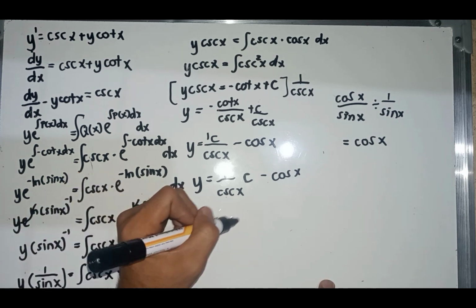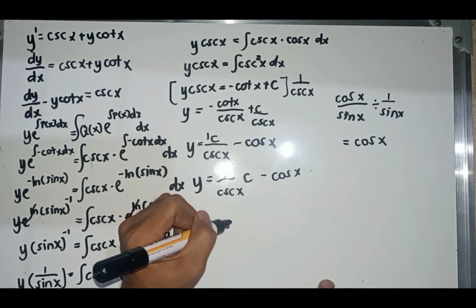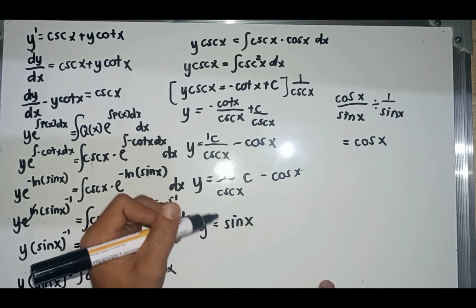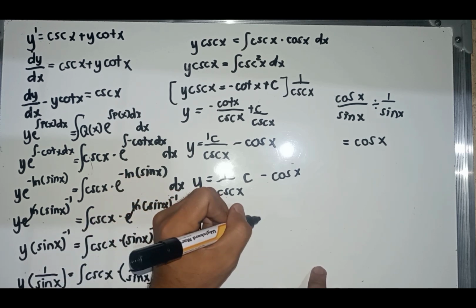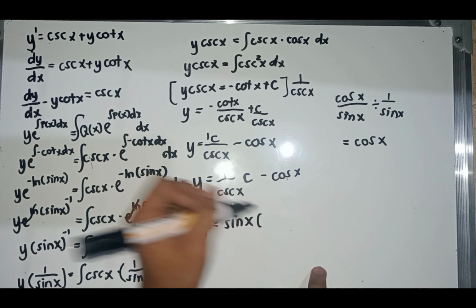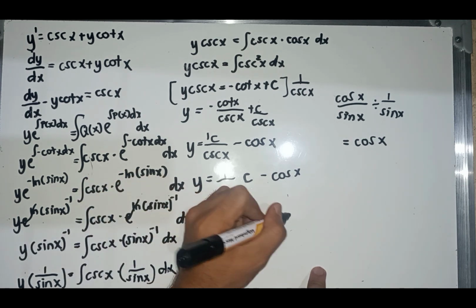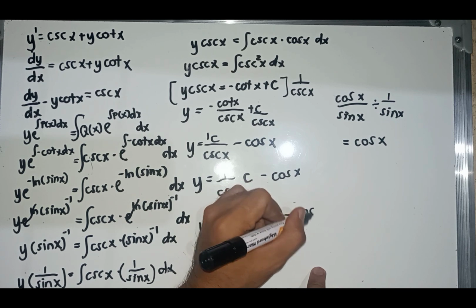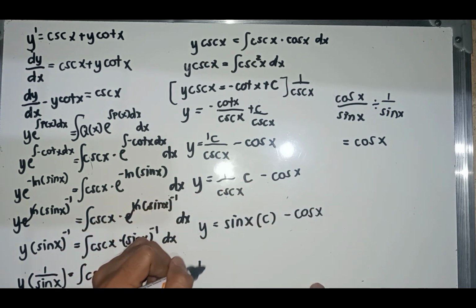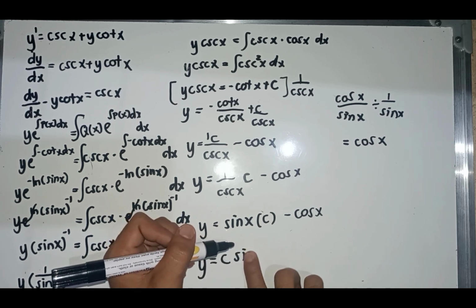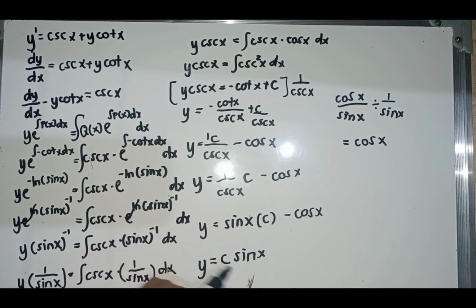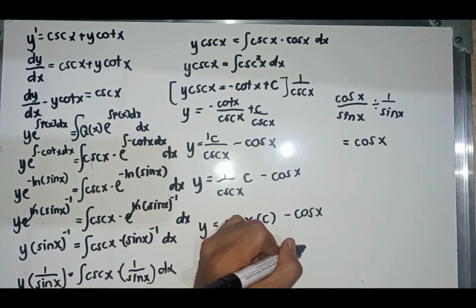So this becomes sine x multiplied by c minus cosine of x, or simply, multiplying this term, c sine of x minus cosine of x.